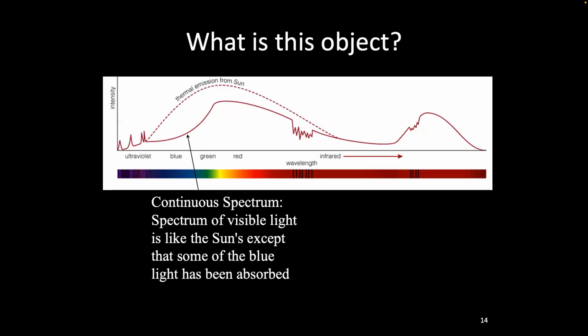So notice that it's not complete. For example, if I put my hand out here, you see my hand, some light does get absorbed, some colors more than others, right? But this is the sun's original spectrum.